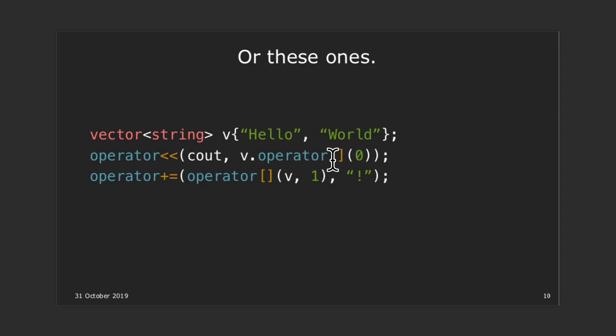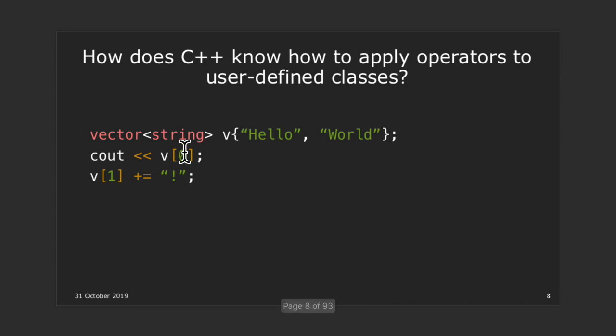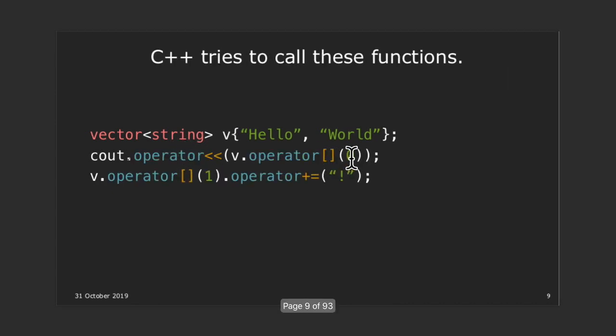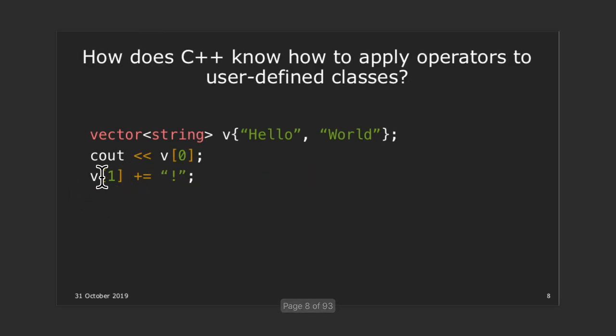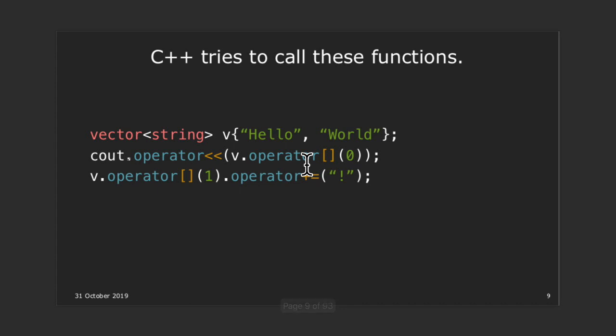The question was how do you know that here the 0 inside the bracket is a parameter, but for plus equals, there's a left-hand side and right-hand side. That's just part of the built-in syntax for the bracket operator. If they wanted to, they could have chosen to represent it as v bracket 0 and just have that mean indexing into the 0. So this is just a design that they chose.